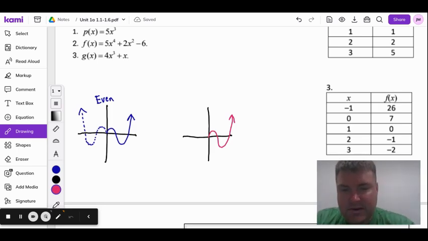So really, it would look like this right here. Essentially, if you look at my blue dotted line and my pink dotted line, I just flipped it over the x-axis.